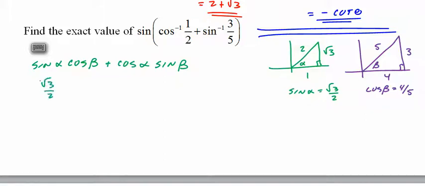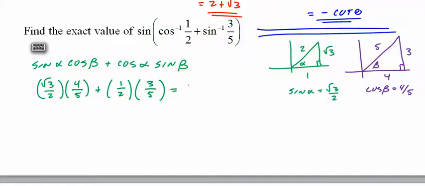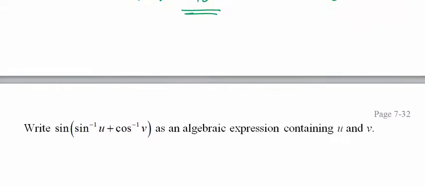Root 3 over 2, 4 over 5, plus cosine of alpha, 1/2, sine of beta, 3/5, equals 3 plus 4 root 3 over 10. That's crazy math. I tell you what, that is out there.